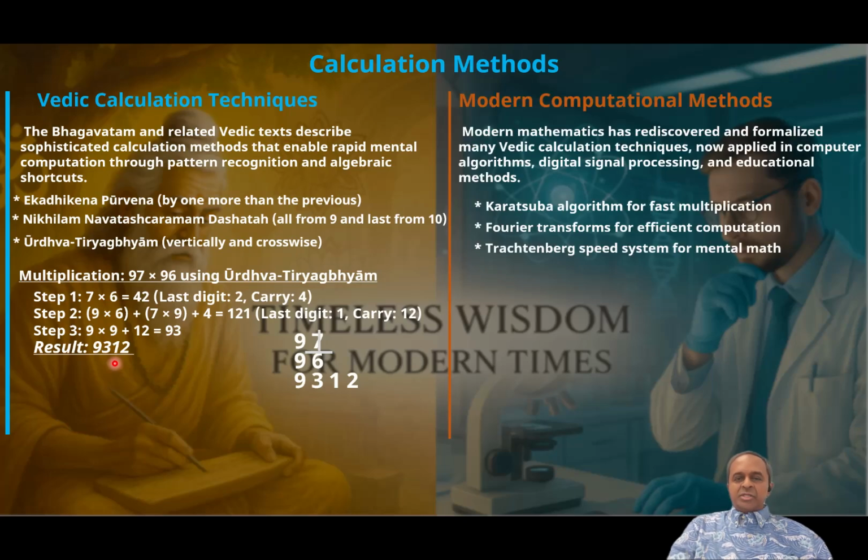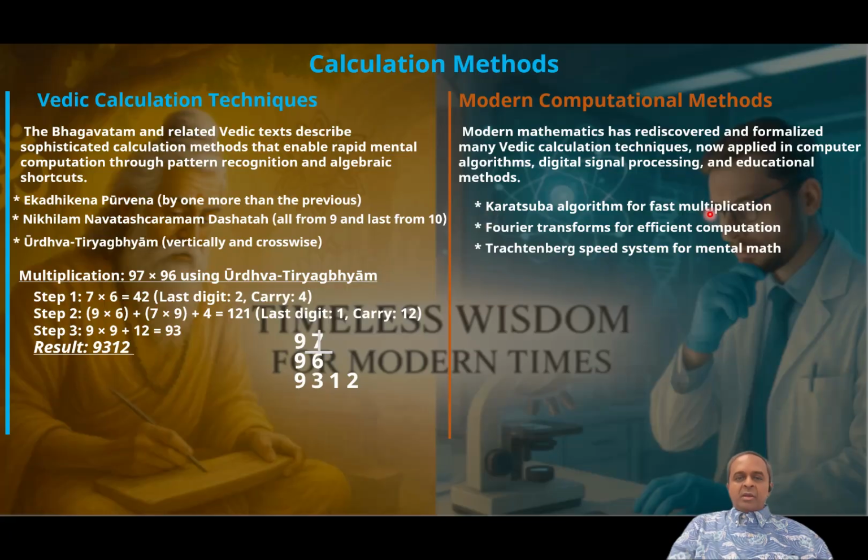Right? Now let's look at the modern calculation here, right? Modern mathematics has rediscovered and formalized many Vedic calculation techniques, now applied in computer algorithms, digital signal processing, and educational methods.